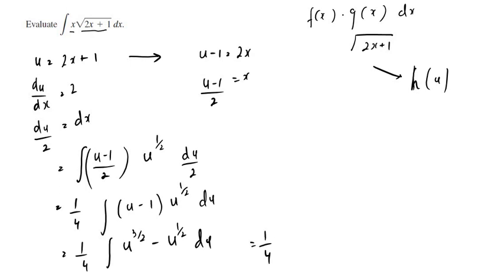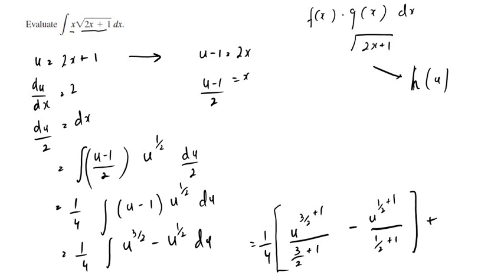We add 1, so we'll write that down: u to the power 3 over 2 plus 1, divided by 3 over 2 plus 1, then minus u to the power half plus 1, divided by half plus 1, plus c.